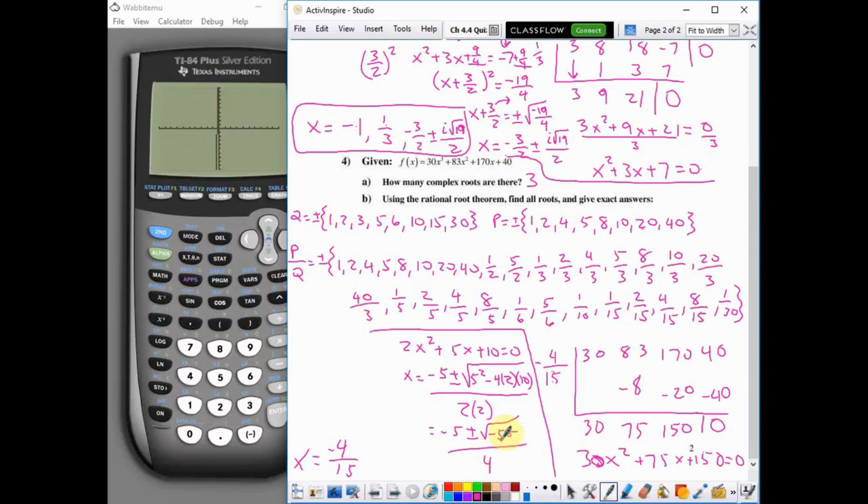Now, 55 can only be broken down into 5 times 11, so we're not going to be able to simplify that other than to take out that negative as an i, and once again, I'm just going to write this representing 2 separate solutions all in one. I'll break it up into 2 fractions of -5/4 plus or minus i times the square root of 55 over 4. And those are my 3 roots.